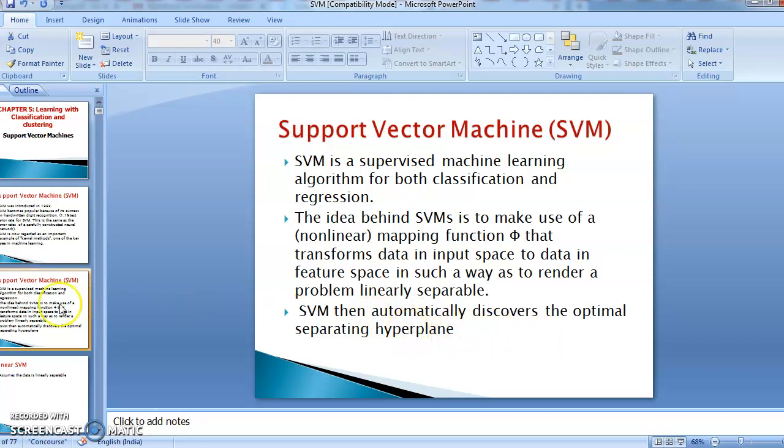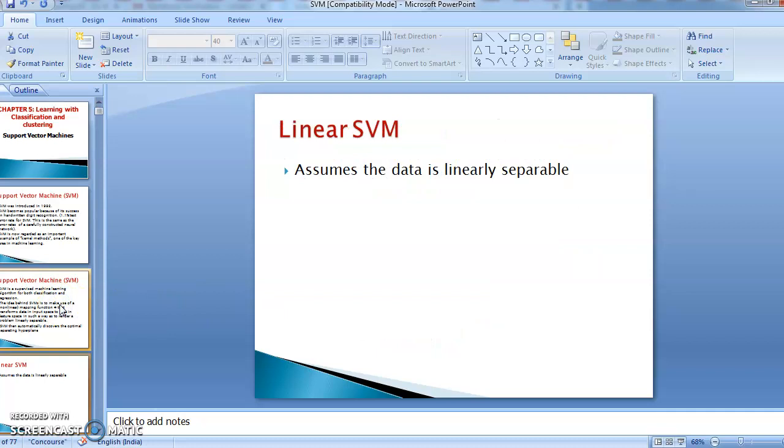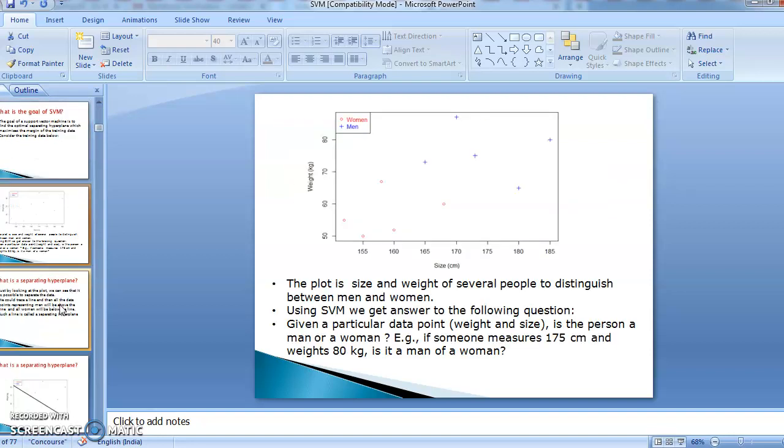Let's see what we mean by the hyperplane. There are linear SVM and non-linear SVM, for two different classes. If data is linearly separable, then it is easy to identify the line that distinguishes the given data points. In this diagram, two different classes are clearly visible.